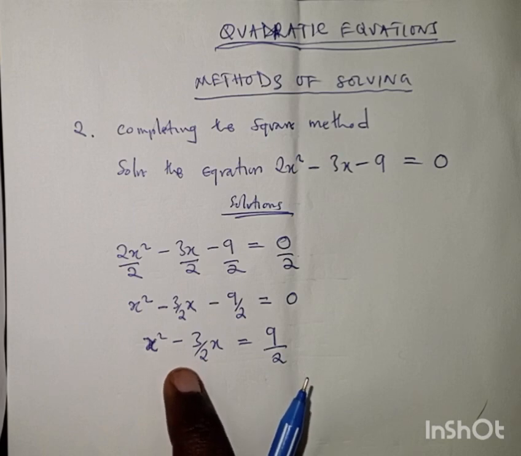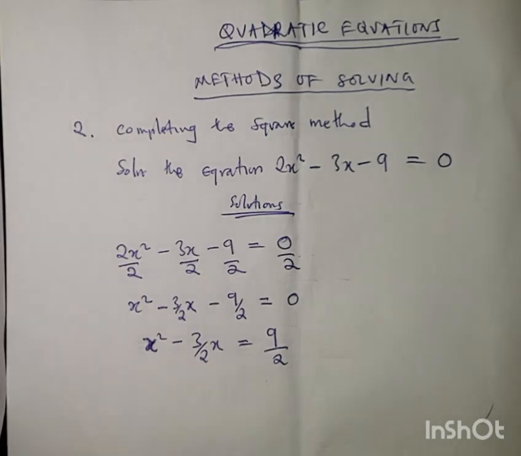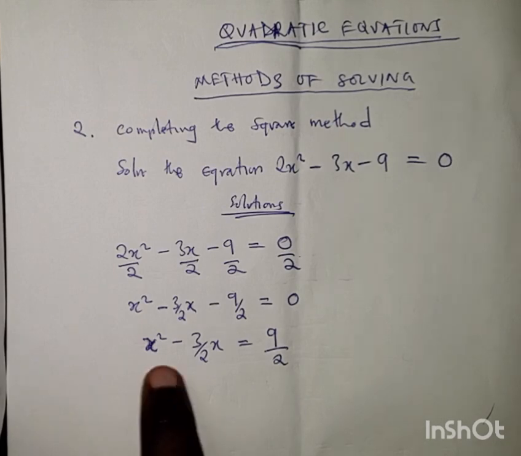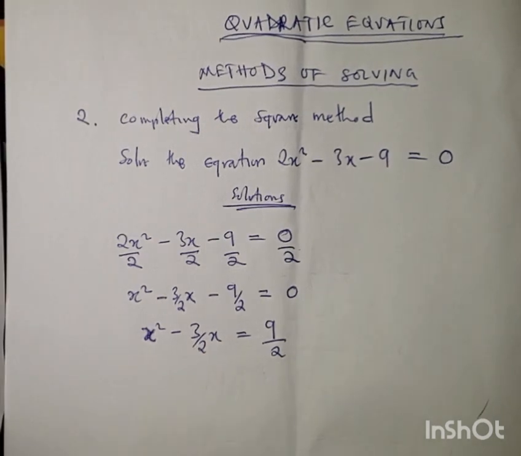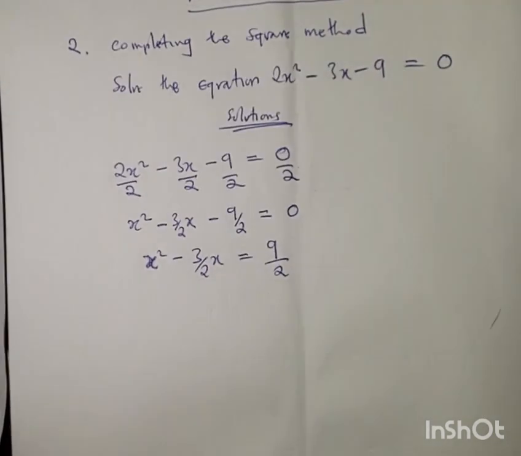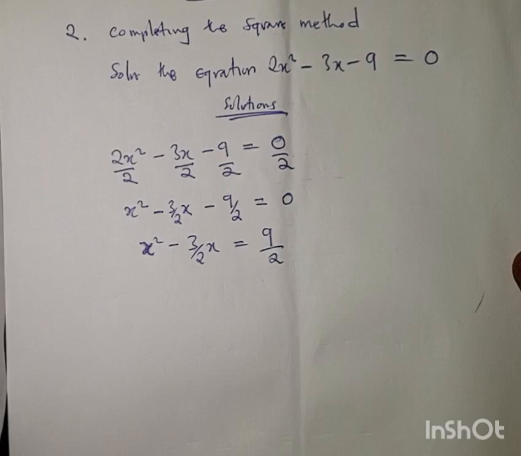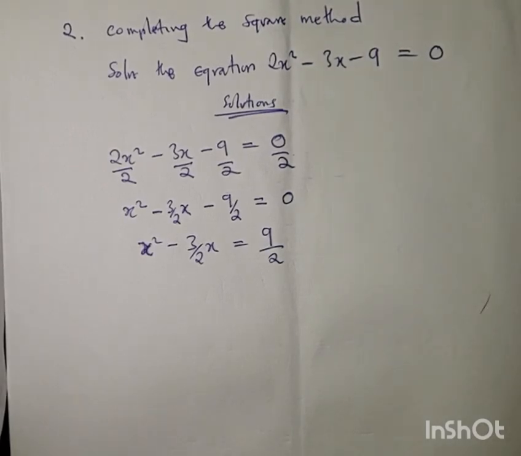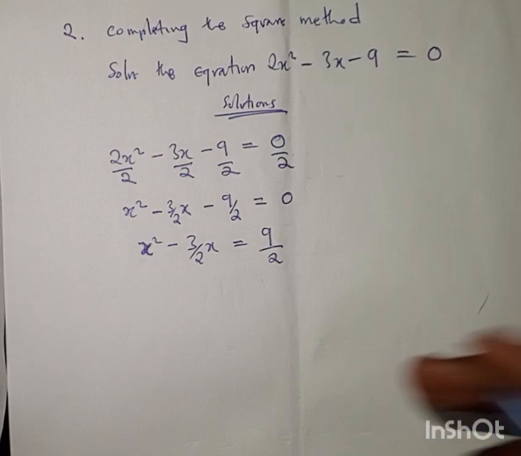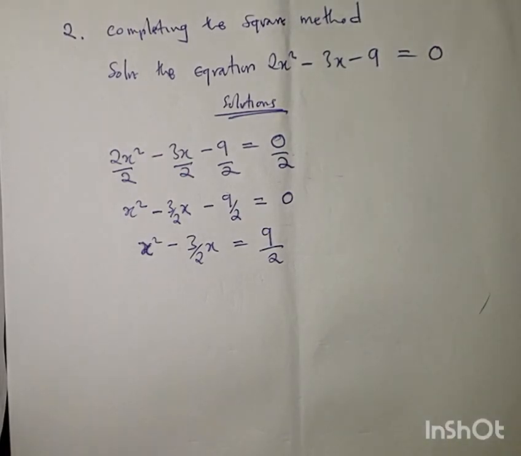First, we are going to get the coefficient of x. What is the coefficient of x in this equation? Yes, the coefficient of x is minus 3 over 2. You multiply the coefficient of x by half, that is 1 over 2.